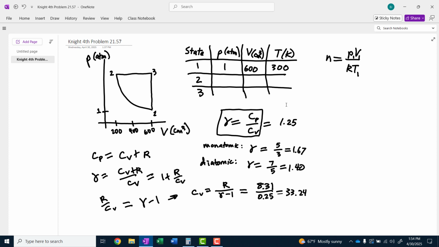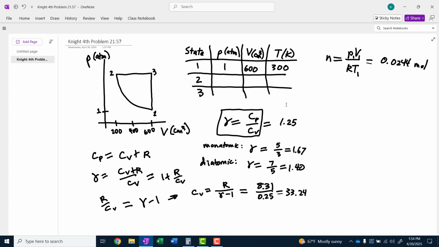And I'm actually going to cheat and not use the calculator here, because I have this calculation off to the side. You should find that we're dealing with 0.0244 moles of this strange gas that has an interesting ratio of molar specific heats.